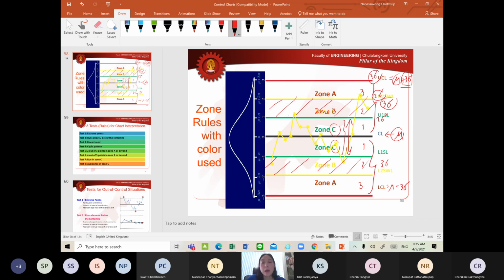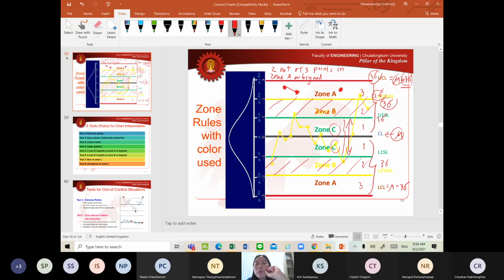And if you have the rule of 2 out of 3 points in zone A or beyond, that means if you see the first point and the second point like this, or you can have a pattern like this.